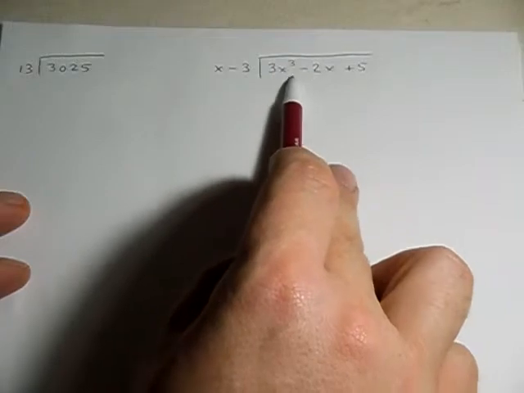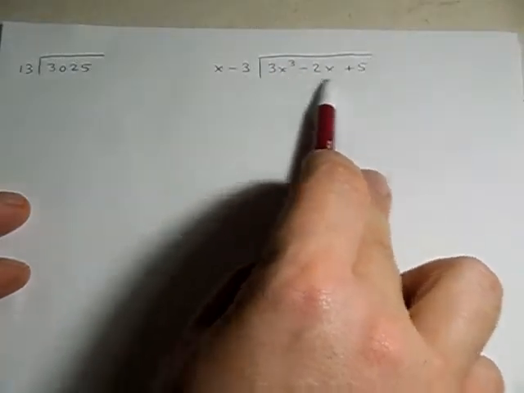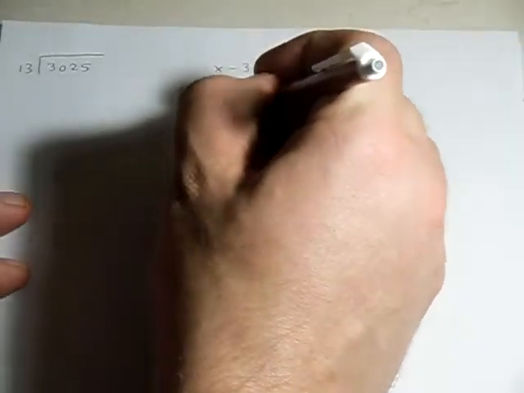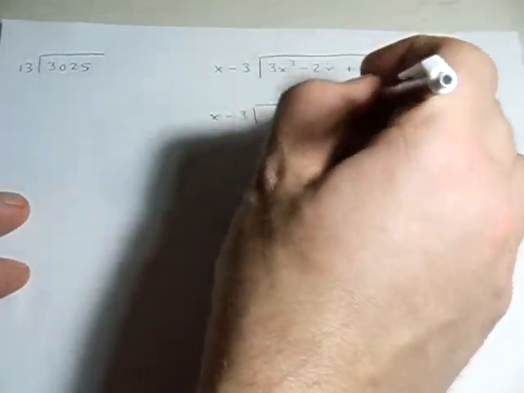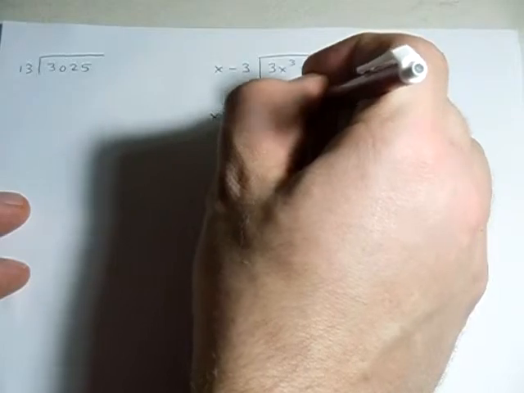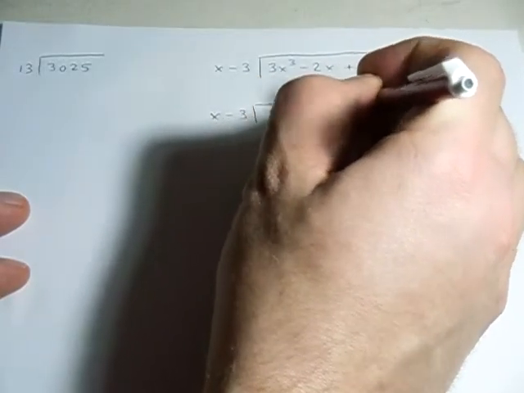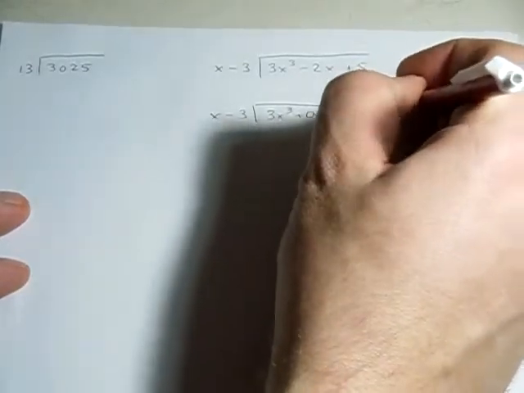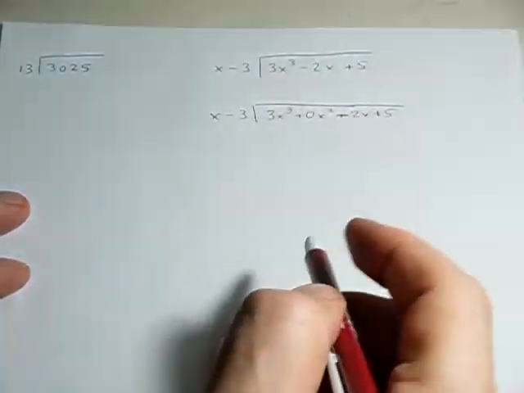So x to the second power isn't represented in what you're dividing into. So we actually have to insert 0x squared as a placeholder so that we have that represented in our division problem.